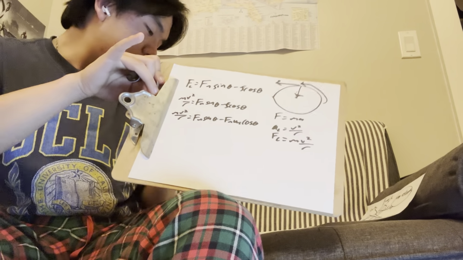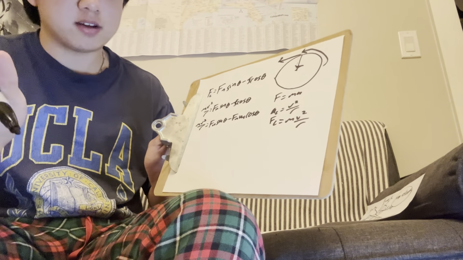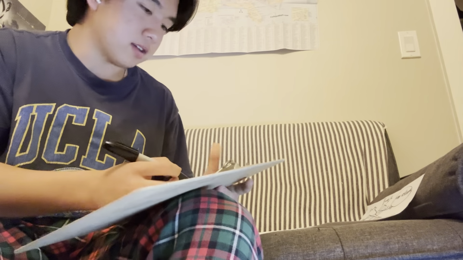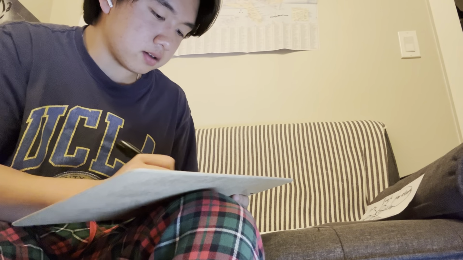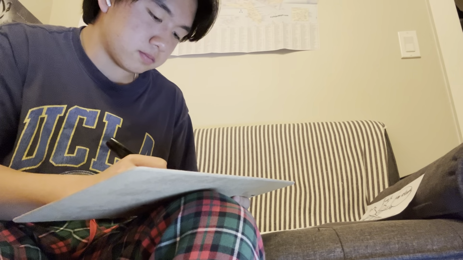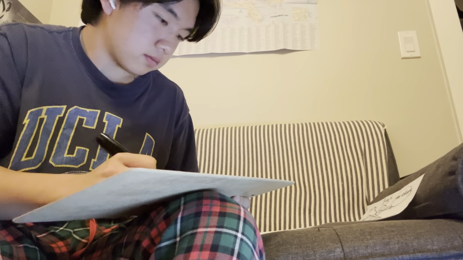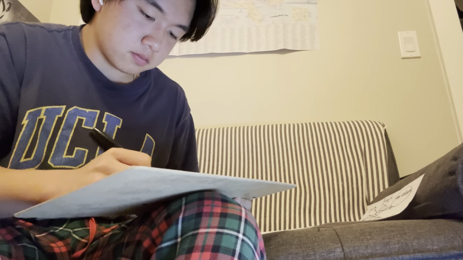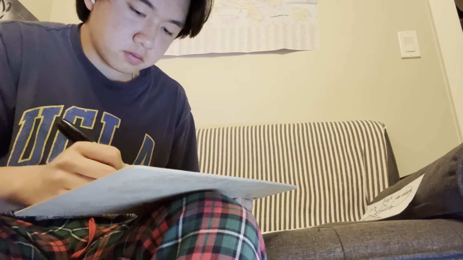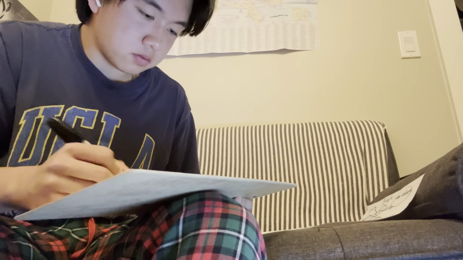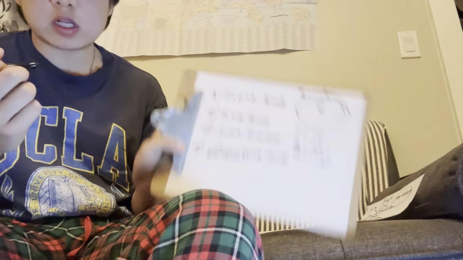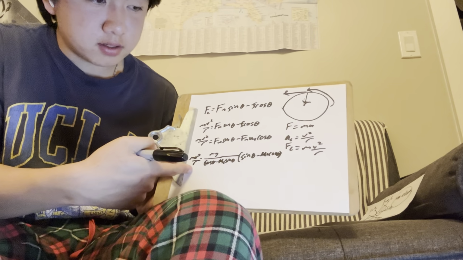So let's go ahead and plug that in. First, we'll make it easier. We'll factor out the normal force of both of these, and then we're going to plug it in. So it'll look like this. Okay, this is our final equation.